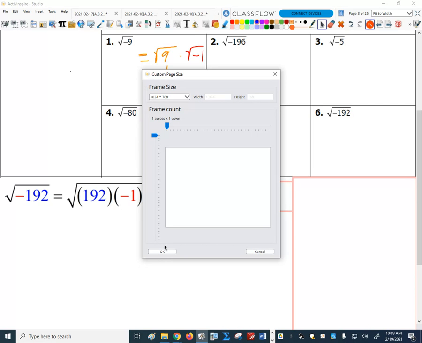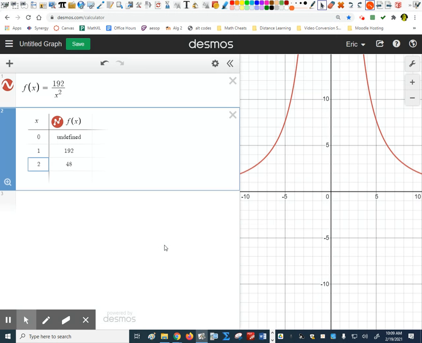So, right. What this is telling me here is that the square root of 192 equals 1 times the square root of 192. This is telling me that it's equal to 2 times the square root of 48. Okay?